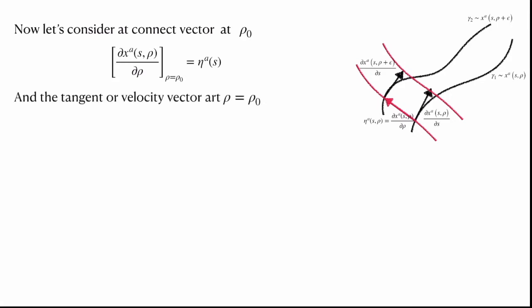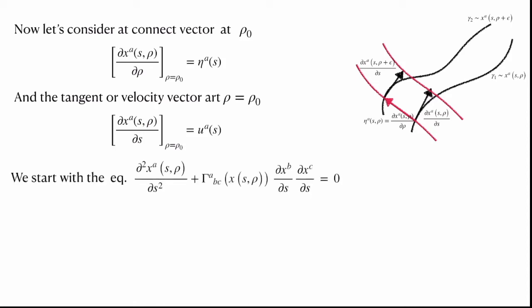We also have a tangent vector at rho naught which is given by dx a by ds. While dx a by d rho gives the connecting vector, dx a by ds gives the velocity or the tangent vector.